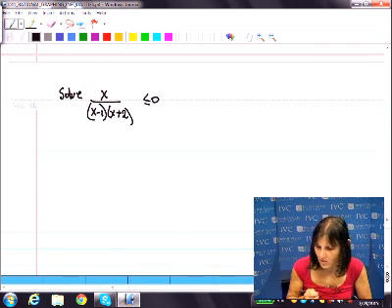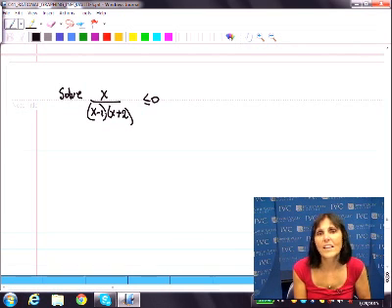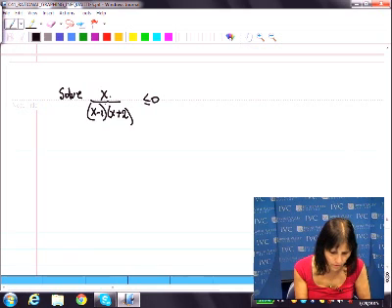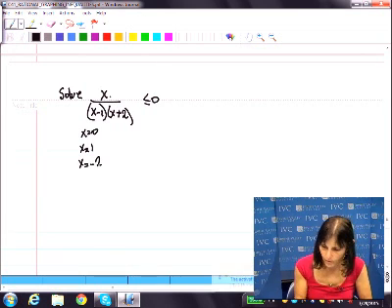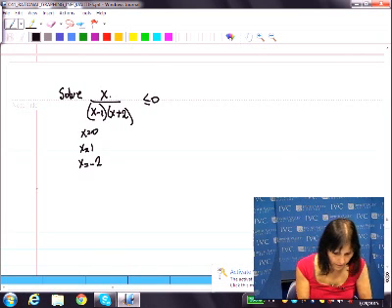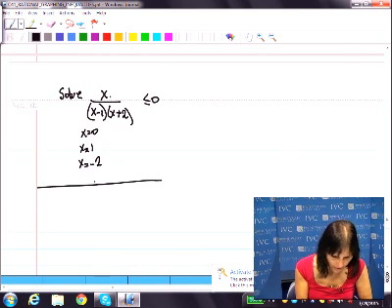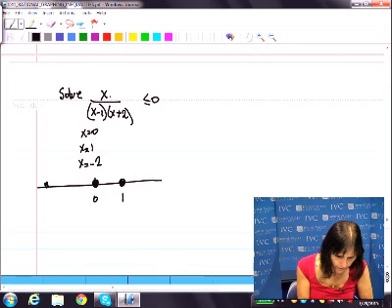Well, this is the best thing to do. Find the things that make the numerator and denominator 0. What are those things? x equals 0, x equals 1, x equals negative 2. Then you draw a number line. This is the test number method. You have the 0, you have the 1, and you have negative 2.